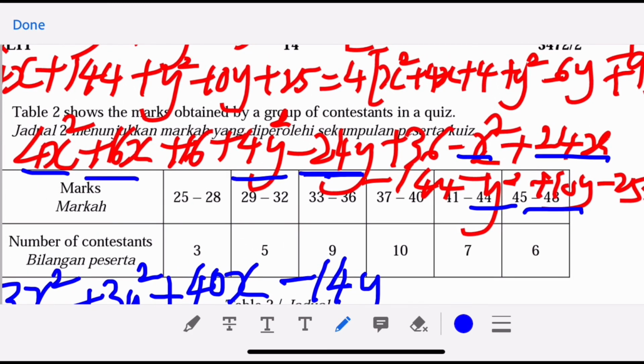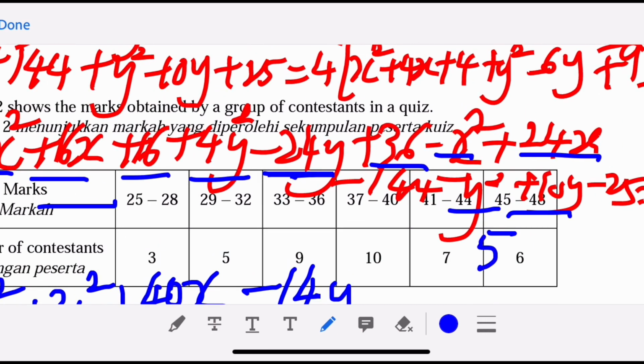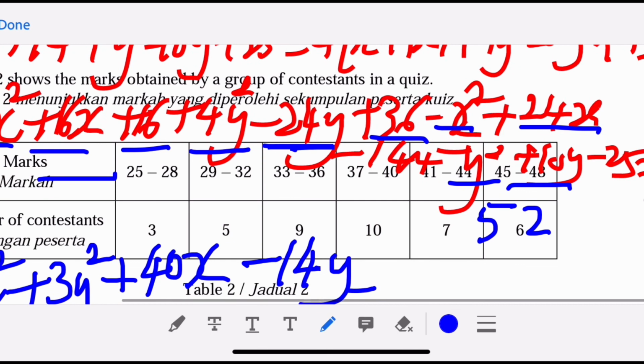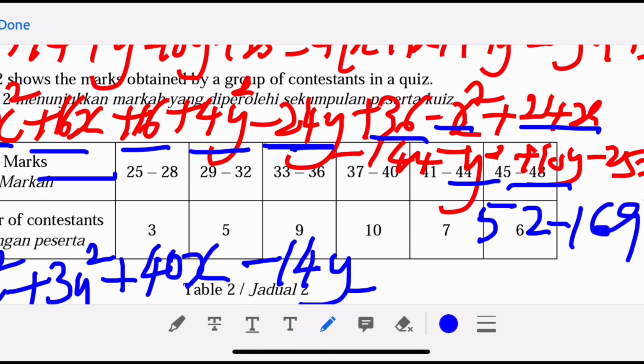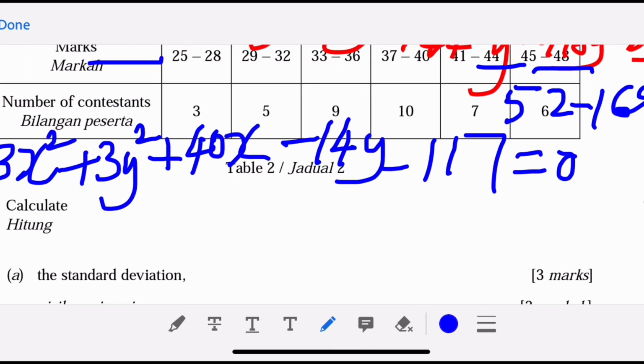And the numbers left: I have 16, I have 36, so I will have to minus out 169. 52 minus 169 is minus 117. So equal to 0. Make sure you write equal to 0 because this is the locus equation.